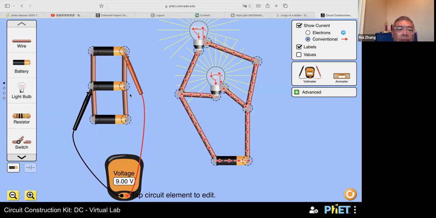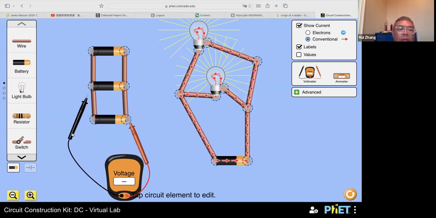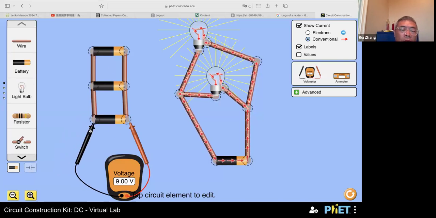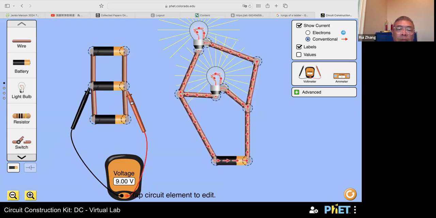It's the same thing. As you probably noticed, the voltage you measure is the same. If you say you want to measure batteries 1 plus 2, you still have to put the probes either here or here, so you will have the same answer.